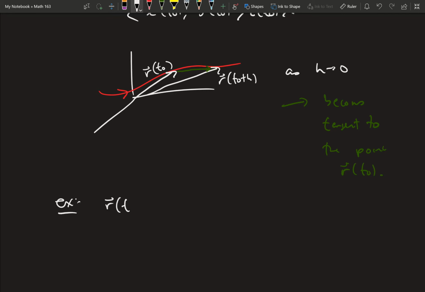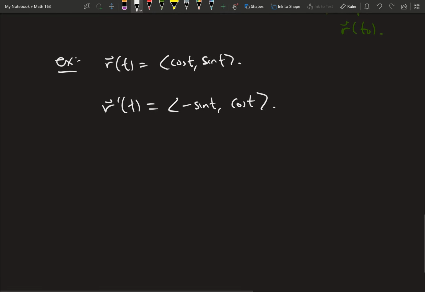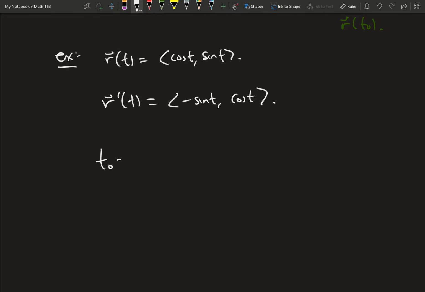So let's take r of t being cosine of t, sine of t. Then r prime is just the differentiation in component, so we get negative sine and cosine. And let's just pick a point. Let's say t naught is equal to 0. Then our r of t is the parameterization of a circle in R2.